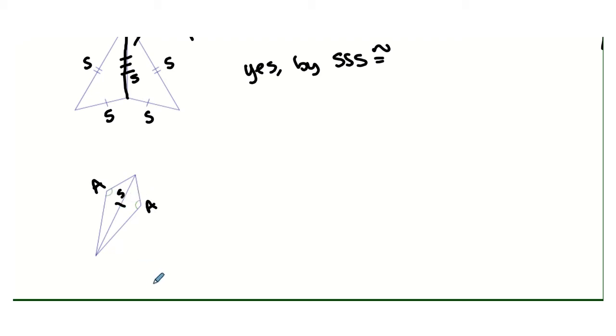Do I know anything else? No, in geometry we can't make any assumptions. I can't assume that this side is congruent to this side or that this side is congruent to this side. So without any other information, I can't say that they're congruent because all I know is one angle and one side. So this would be a case where we have not enough information.